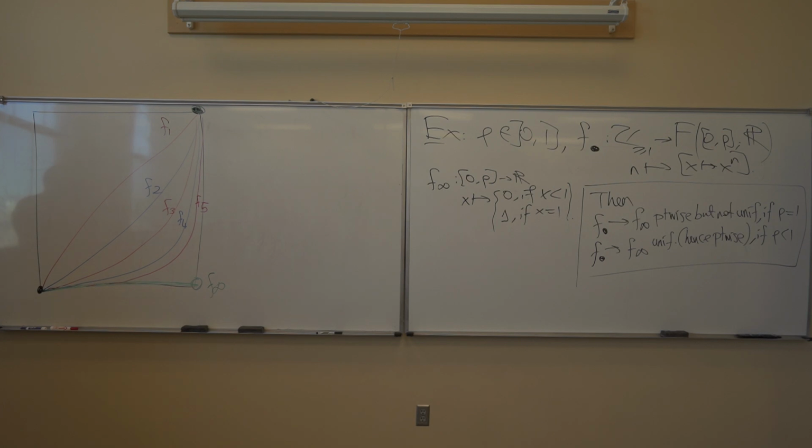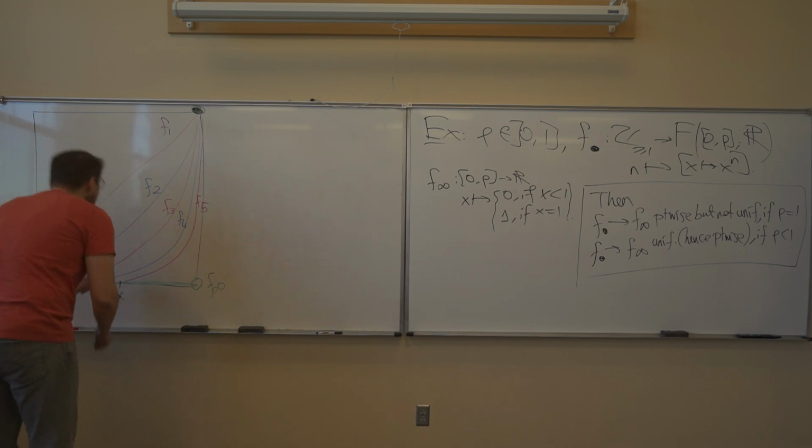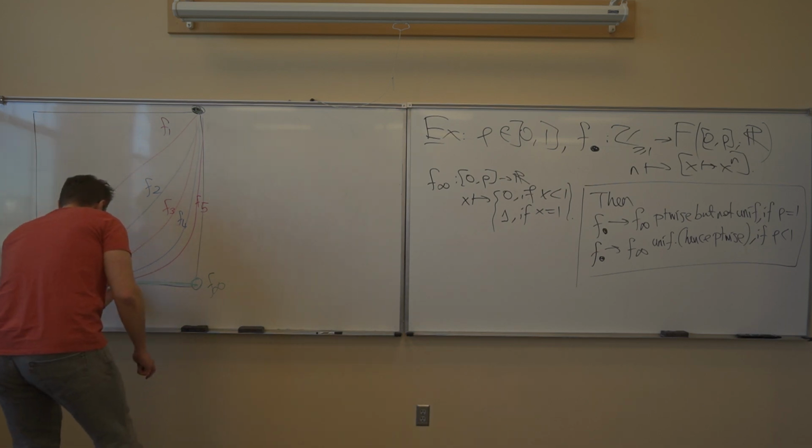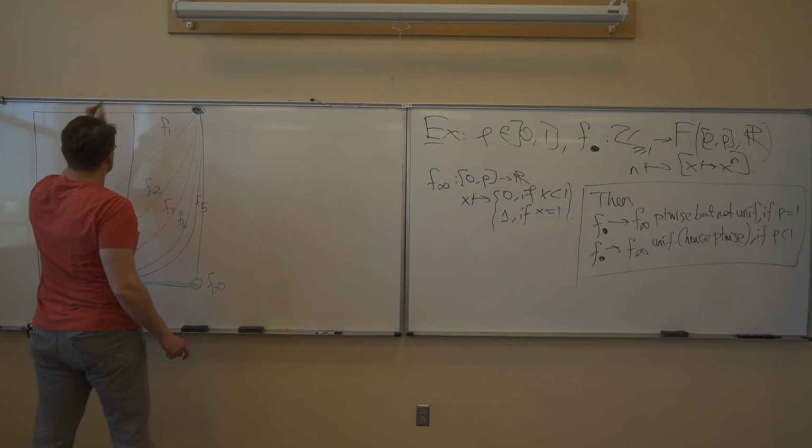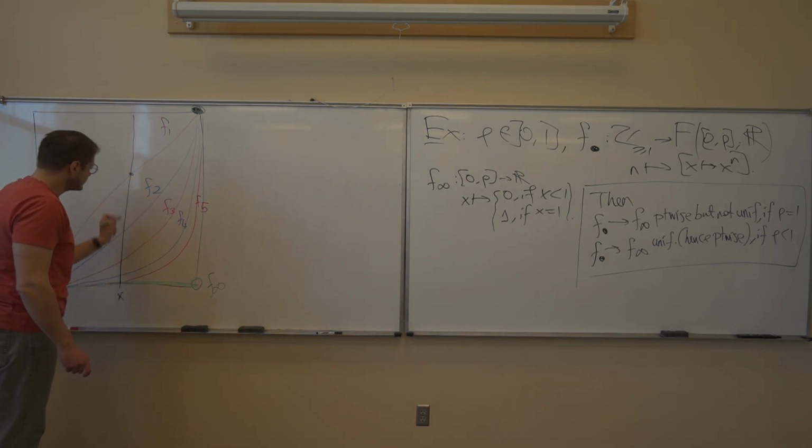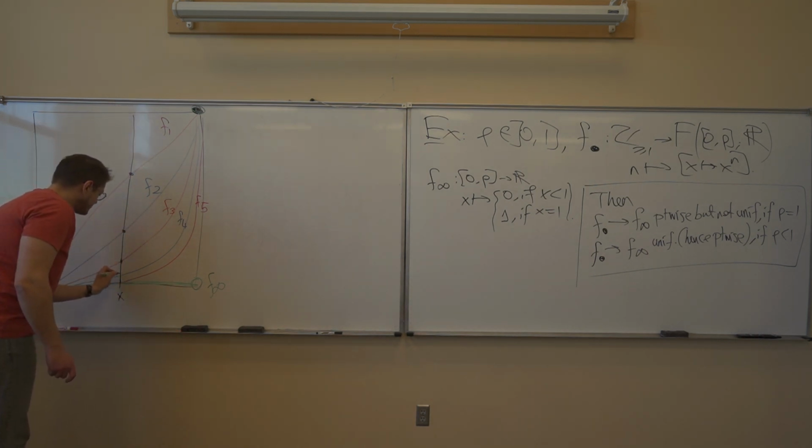So why am I saying that f bullet converges pointwise to f infinity? Well, I take an x here. I'm going to have to do this for any x, but we start with one x. You look at the vertical, and you record all of these heights.